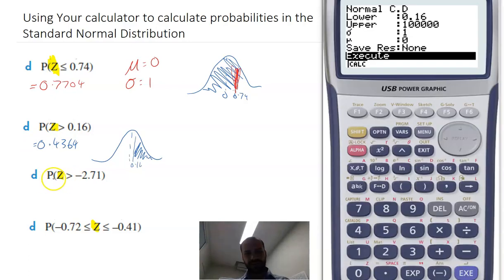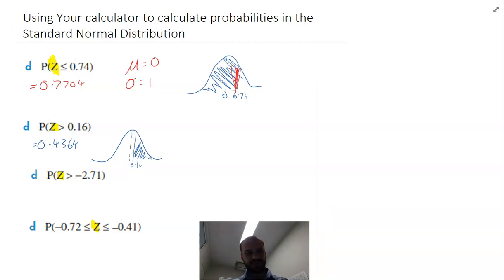The next one is the probability that Z is greater than negative 2.71. Let's take a look at what that would look like first of all. There's 0, and negative 2.71 is way down here somewhere, and we want the probability that Z is greater than that.